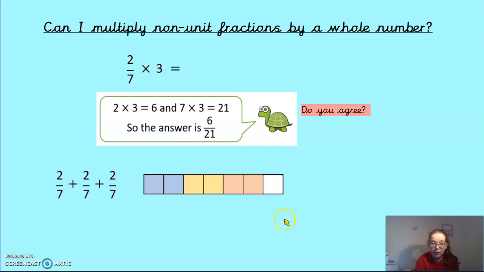Using my single bar model, I've broken it up into sevenths because that's my whole, and I'm going to add 2, another 2, 4, another 2, 6, and that gives me 6/7. So my answer is actually 6/7 because my denominator is not going to change. Hopefully that's nice and clear for you.